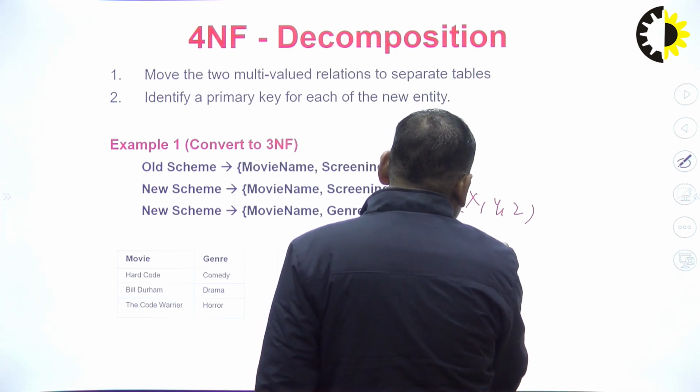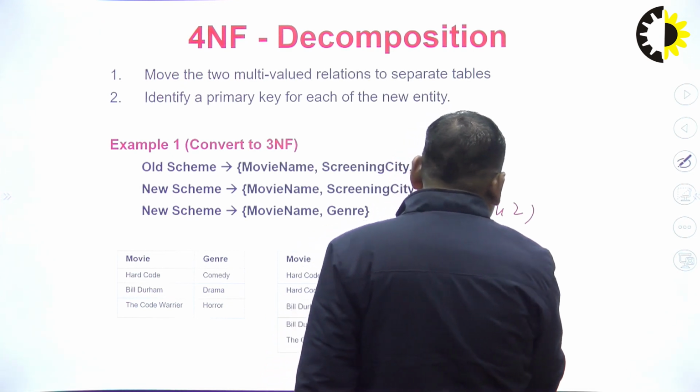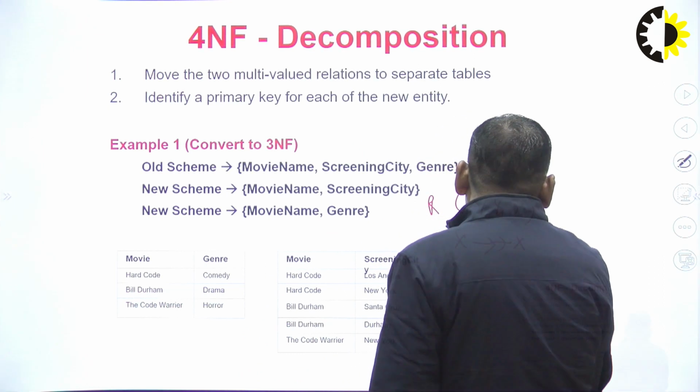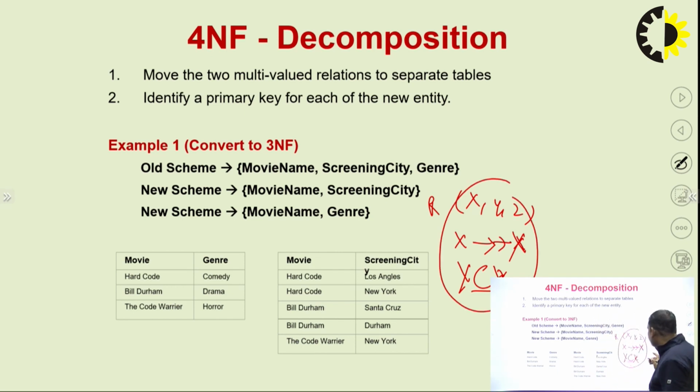X multi-value determines Y, or Y is a subset of X. This condition must be a trivial functional dependency.